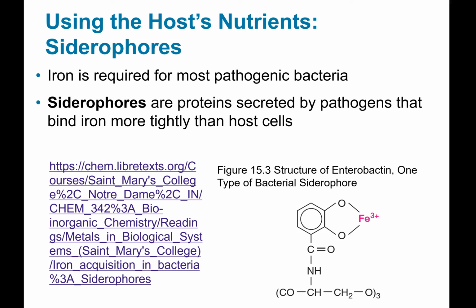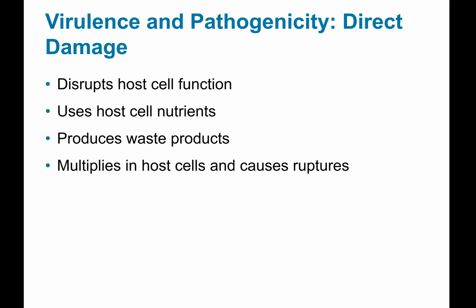But it's basically a substance that bacteria make to steal iron from us. And so these definitely are virulence factors, and they can play major roles in disease symptoms of certain infections. When we are robbed of iron, it really can affect functions in your body and your immune functions especially.